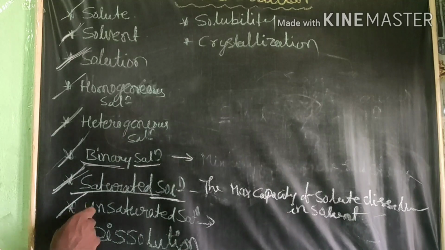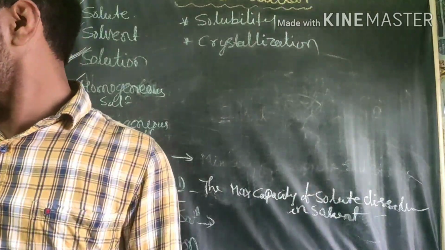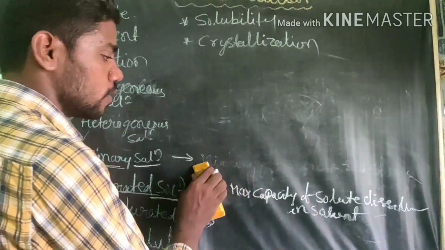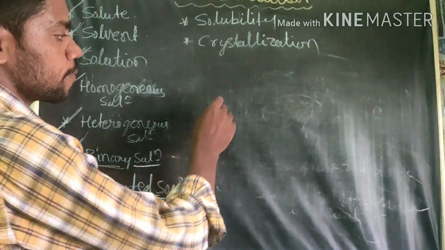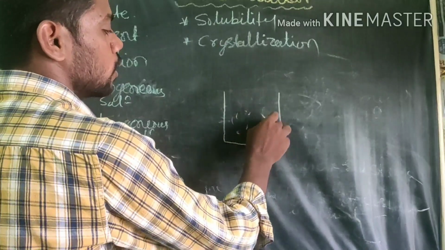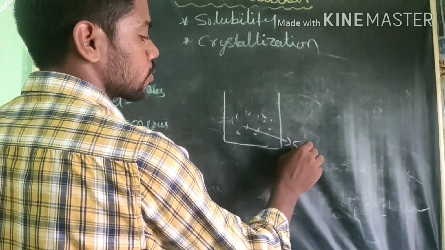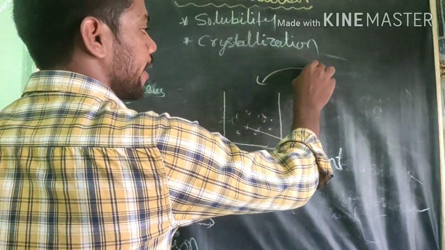Okay, what is meant by dissolution? You see here, I will tell you dissolution. First, here one solid is there, and one solvent is there, and here one solute you are adding.